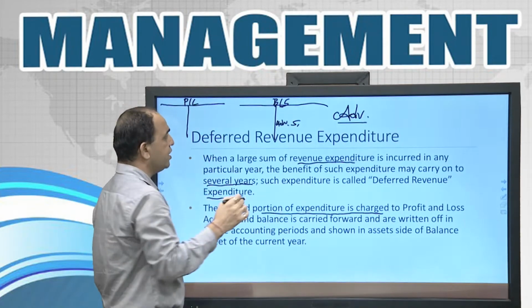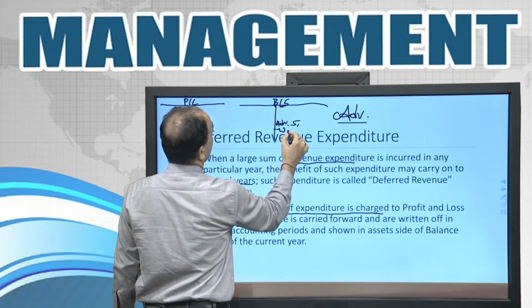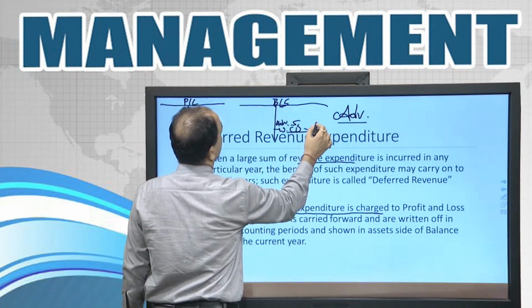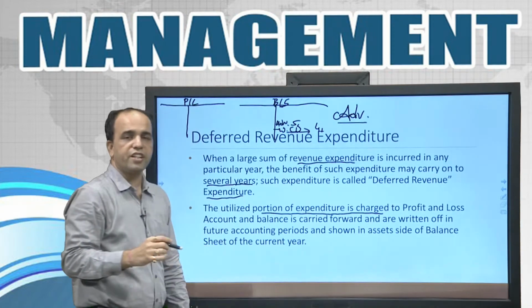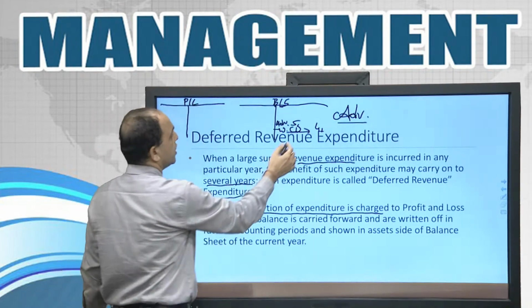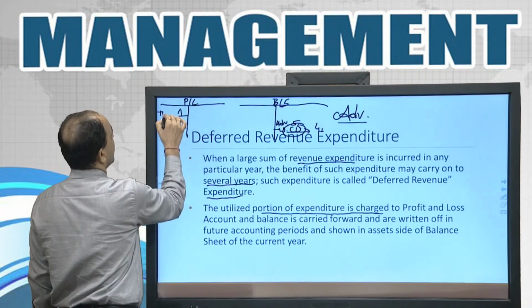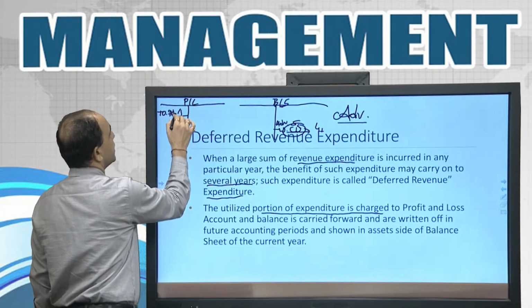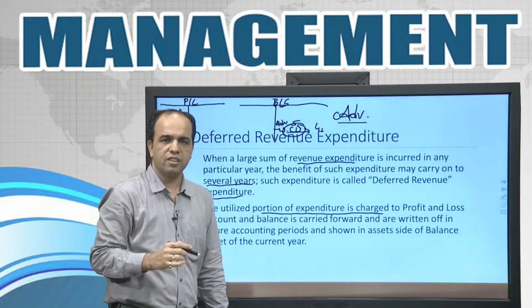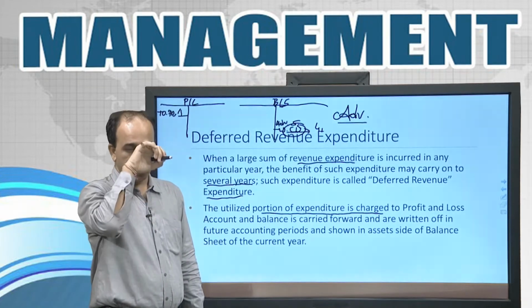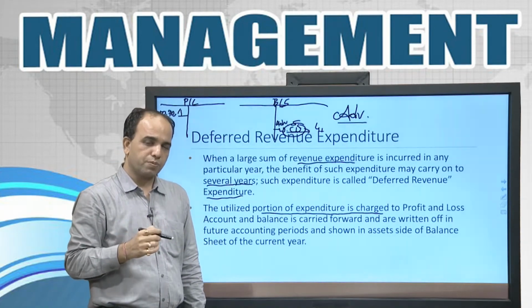So every year I have to write off 1 crore. So ultimately 4 crores will be written in the balance sheet, and the utilized amount of 1 crore would be written on the debit side of P&L account to advertisement expense account, right? So friends, this is a wonderful example, advertisement suspense account.